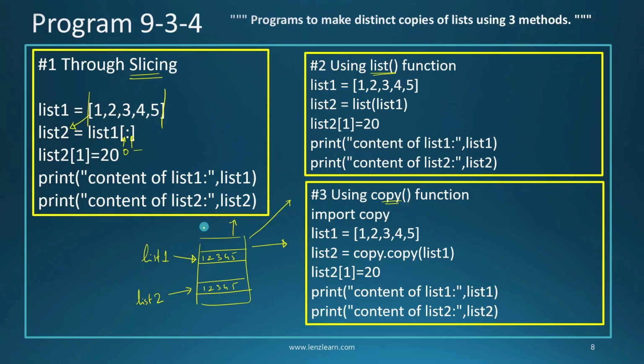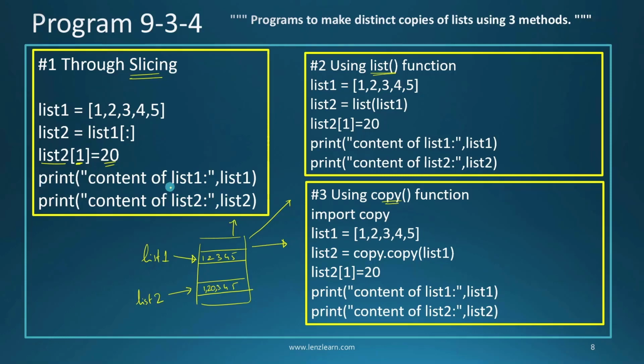Now how do you understand that they are pointing to different locations? So to make it clear, I am going to change the value available in list 2 at index position 1 to 20. So index position 1, right now I have 2. So I will remove this 2 and I will enter the new value 20 over there.